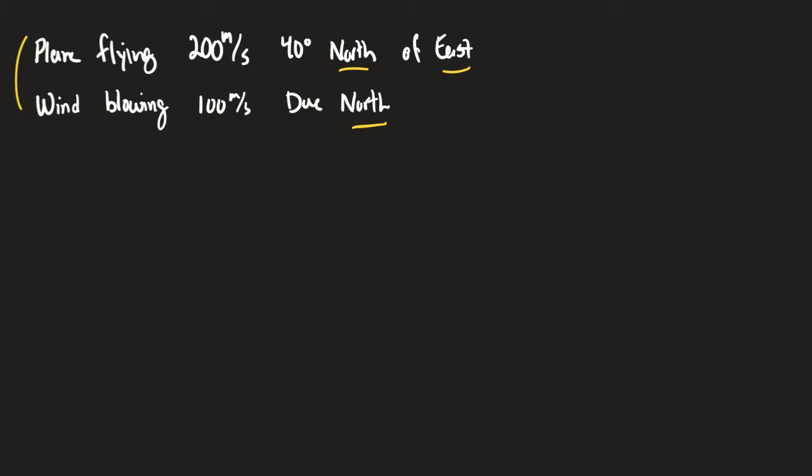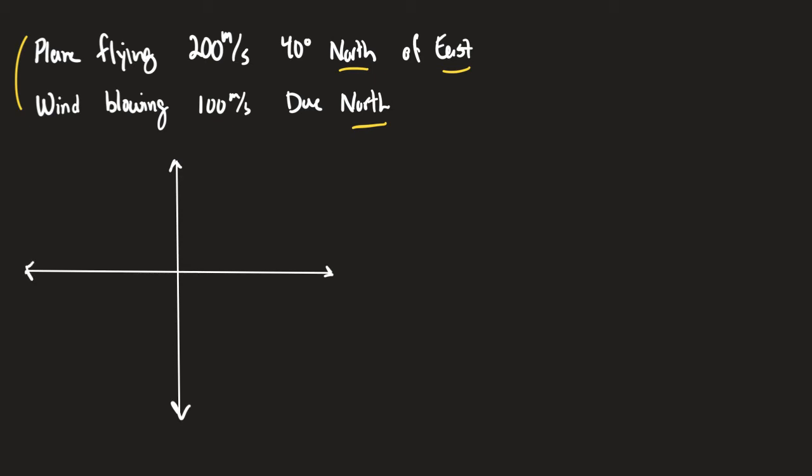In doing these problems, I always want you to sketch a quick diagram of what's happening. And it doesn't matter which vector you choose to start from. I want you to depict the two vectors in as accurate a way as possible, which is why I asked you guys to take out a ruler.